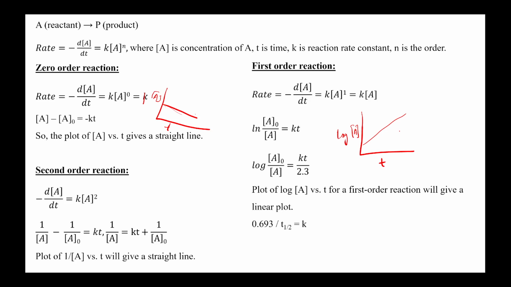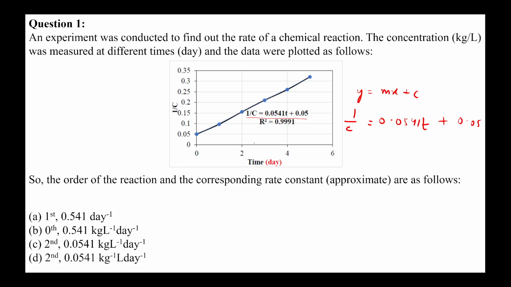And if you see from the previous slide, this equation resembles the second order rate equation. That is, if we plot this, 1 by A will be the y-axis and t will be the x-axis. So this is similar to the second order reaction.